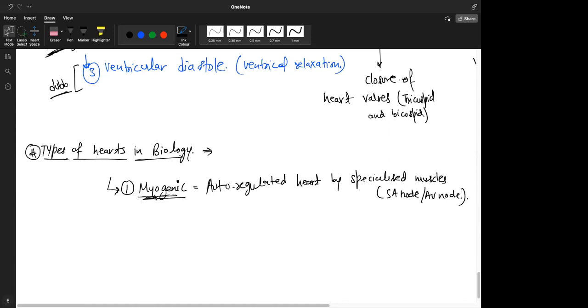In our system, there is a special neural center which modulates the cardiac function, but it modulates through the ANS. It can increase the heart rate, it can decrease the heart rate, but the heart can continue to beat on its own at a settled pace. So that's called myogenic. Another one is called neurogenic heart, where the brain controls the heart. So in humans, it is myogenic, and the other one is neurogenic.